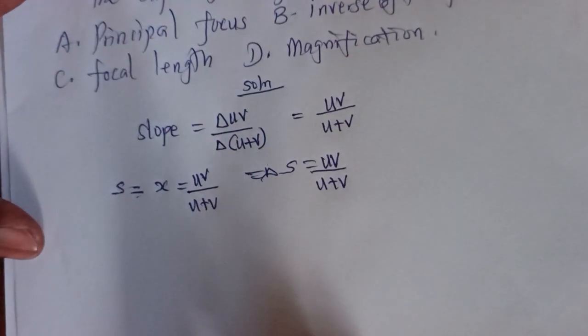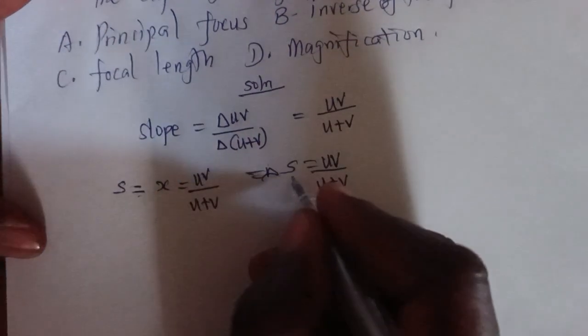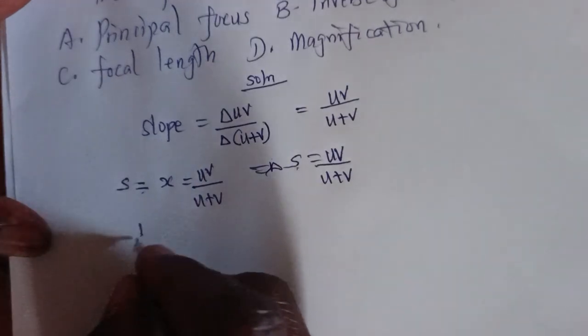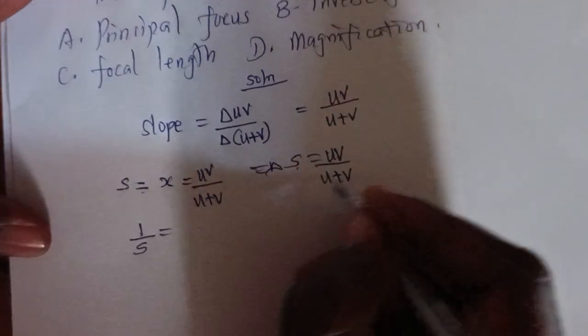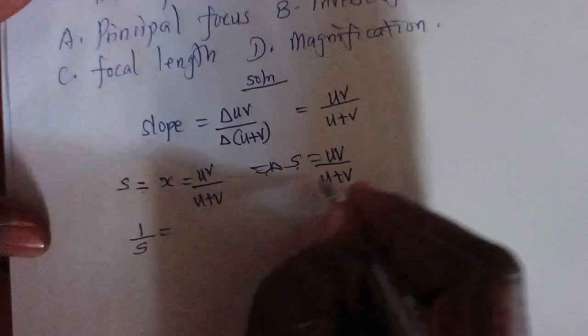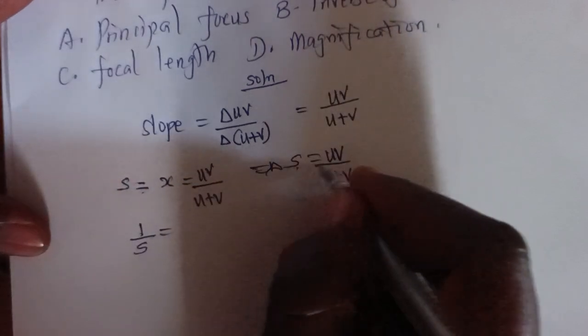Now let's determine the inverse on both sides of the equation. So the inverse of the slope, 1 over S, equals the inverse of the other side too, for the equality to hold.